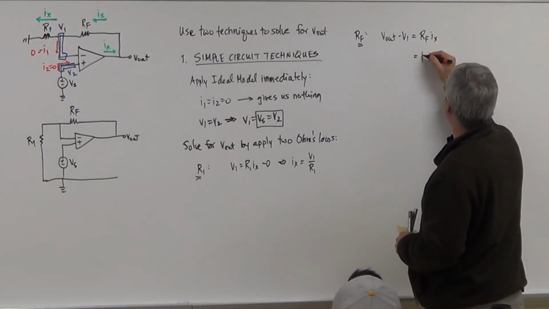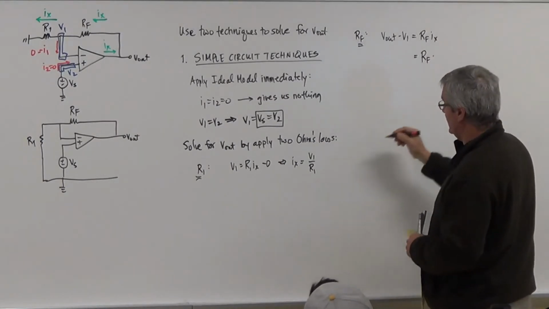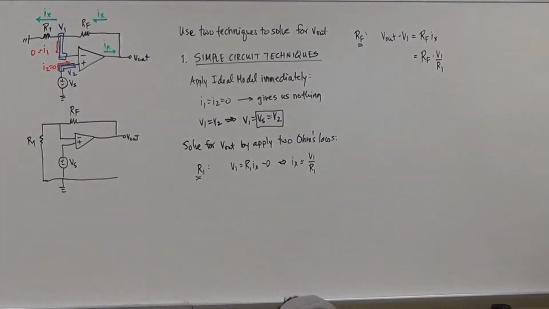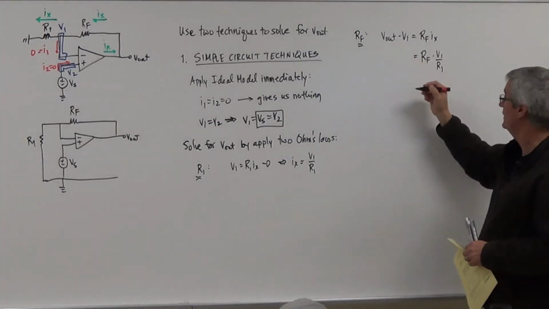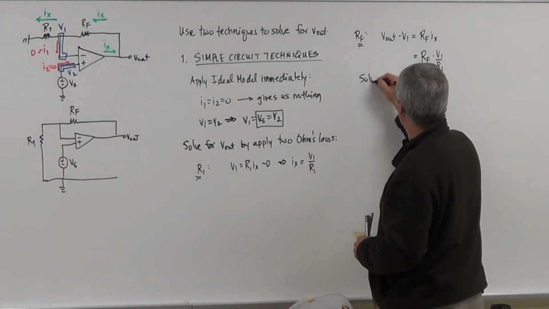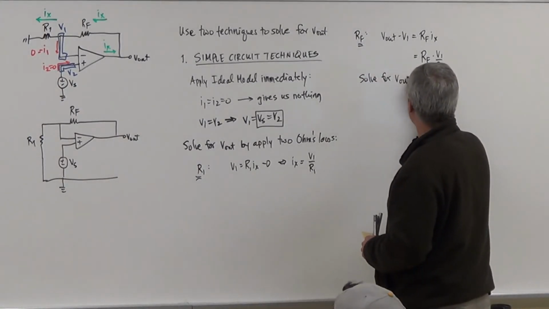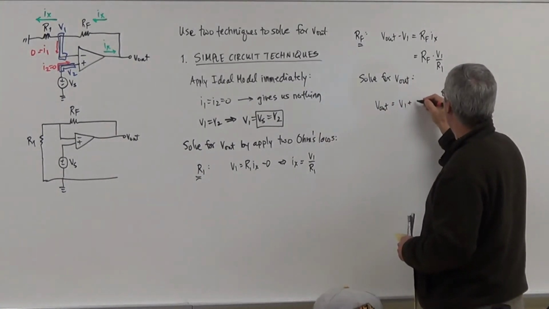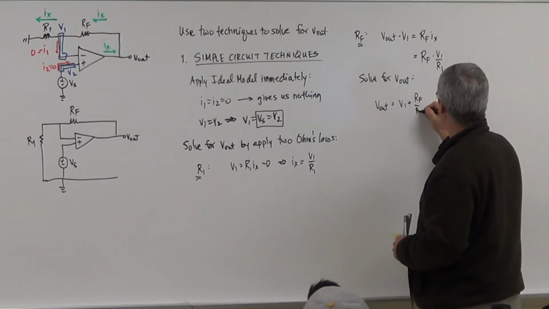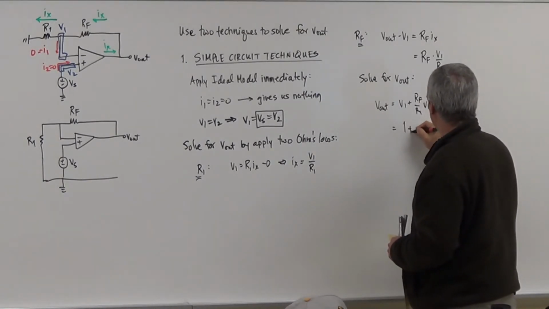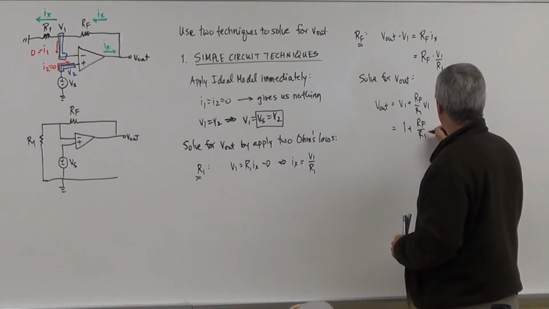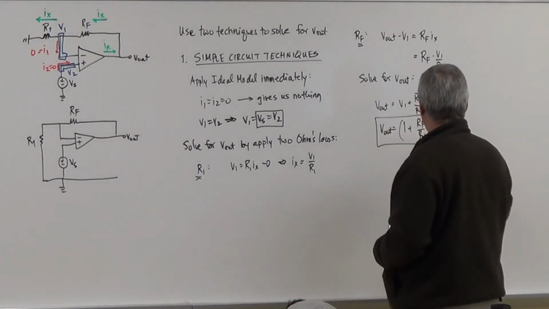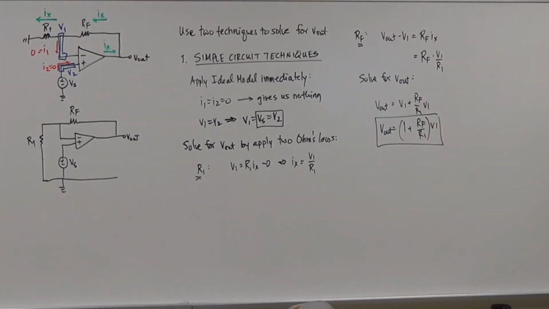RF times Ix will then be RF times V1 over R1. So now I'm going to solve for V out. V out will then be V1 plus RF over R1 times V1, or 1 plus RF over R1 times V1. And I get that current.